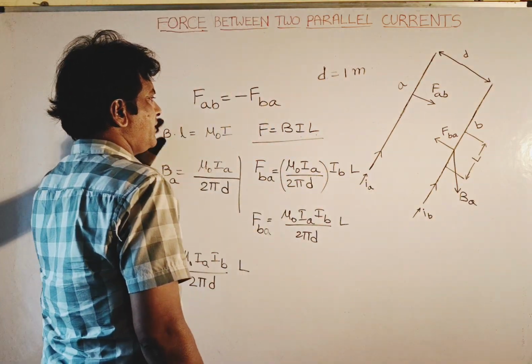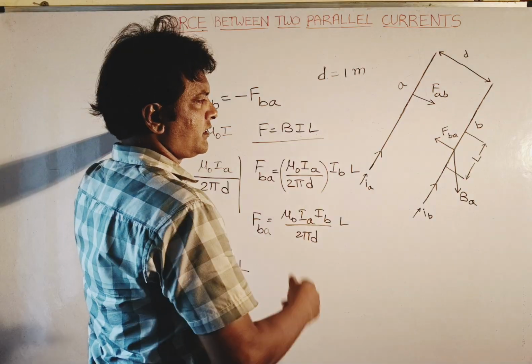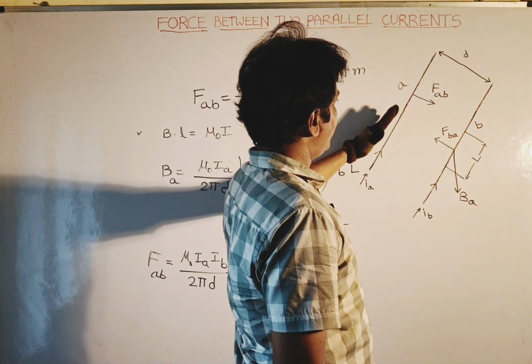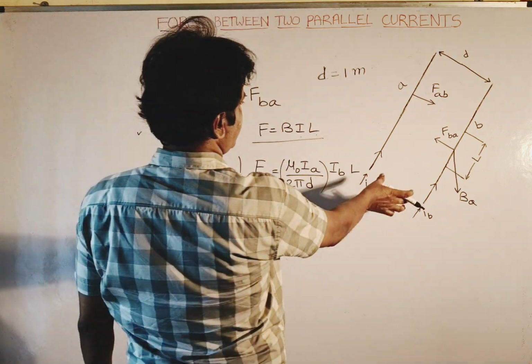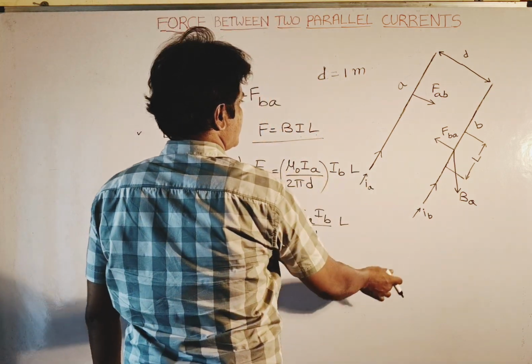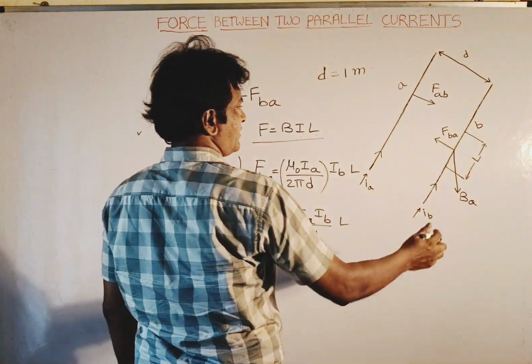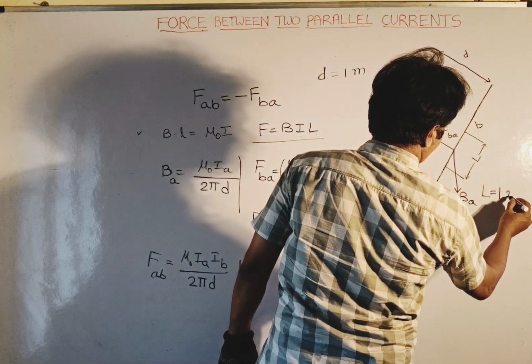So ampere can be defined as the current passing through conductors which have a long length and finite area of cross section, separated by a distance of 1 meter. The L is also taken here as 1 meter.